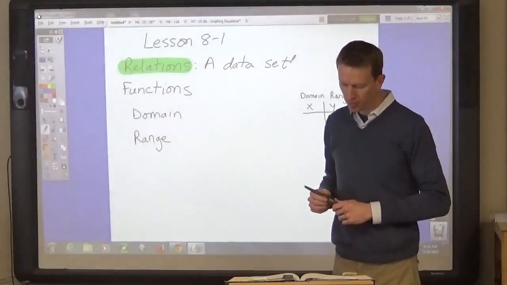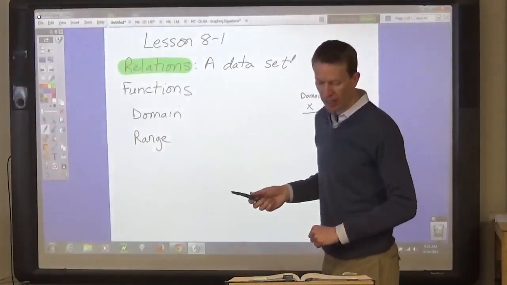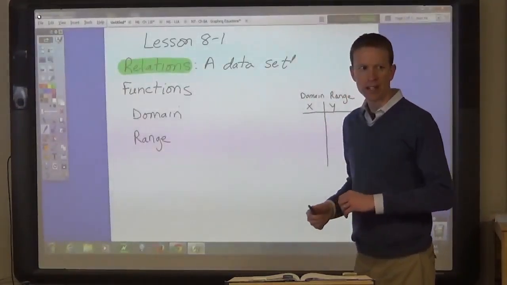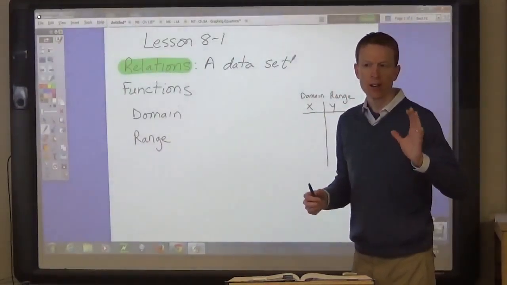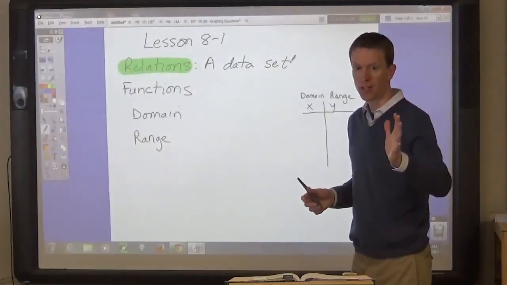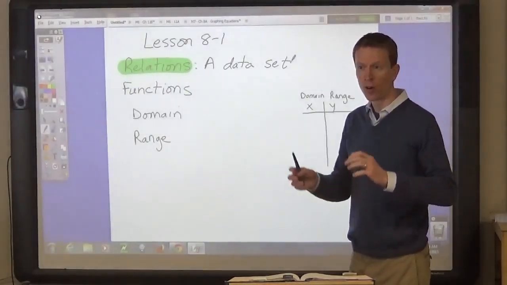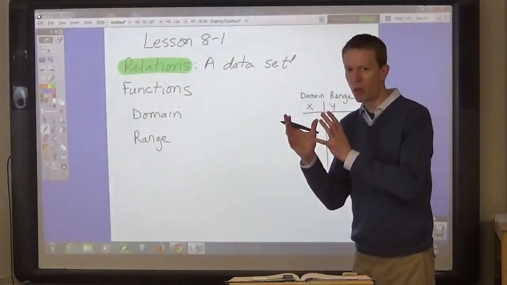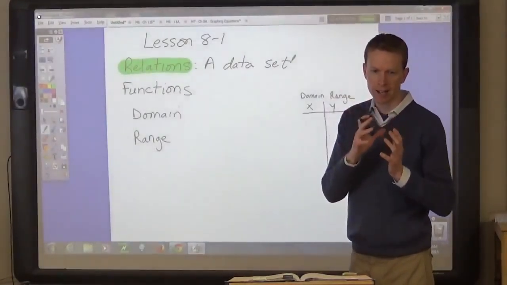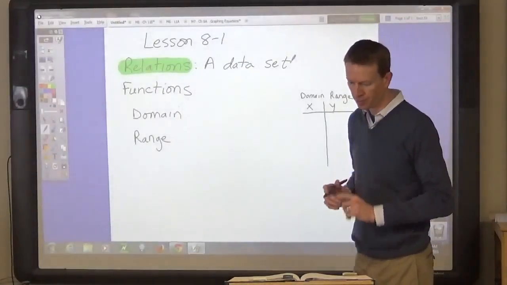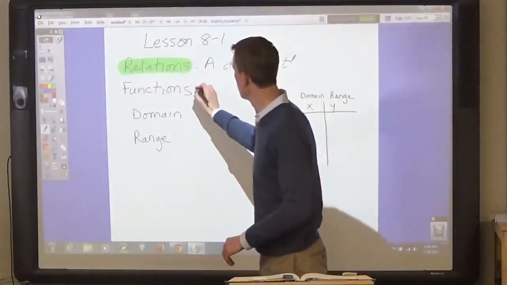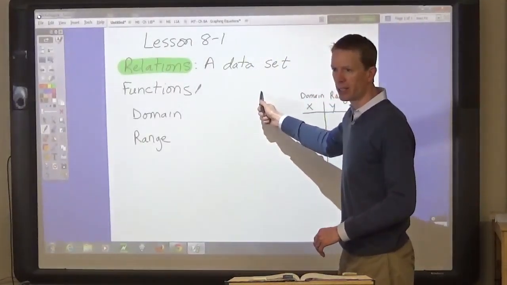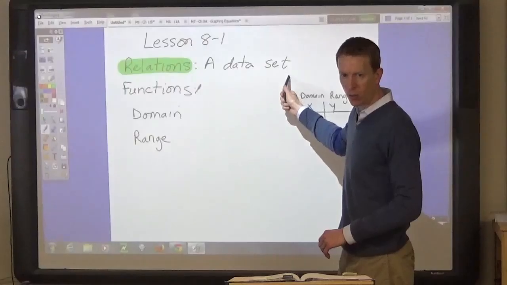Okay? So anytime you have a relation or a set of numbers, they can be either a function, it's called, or not a function. Now, a function means that every time the x-coordinate changes, the y-coordinate changes.